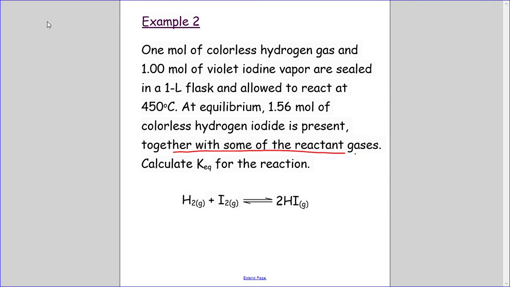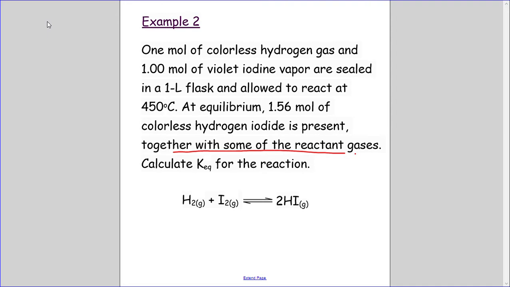Alright, so this one has a bit of a thinking problem to it, and you probably got stuck trying to figure out the moles of hydrogen and iodine gases. Notice that when they start, it says 1 mole of colorless hydrogen gas and 1 mole of violet iodine vapor are sealed.